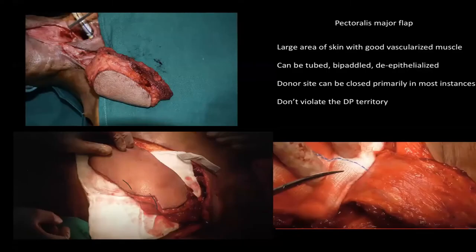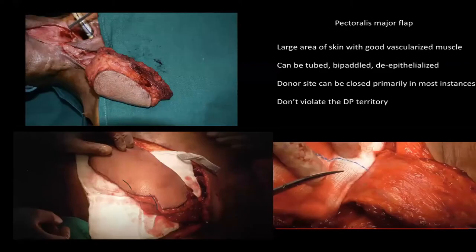Now, the pec major can be tubed, can be bipaddle, can be deepithelialized if you want to create two different surfaces. The donor site can be closed primarily in most instances, but whenever you plan to do a pectoralis major flap, just make sure you don't violate the DP territory.